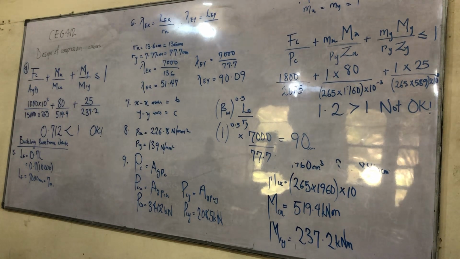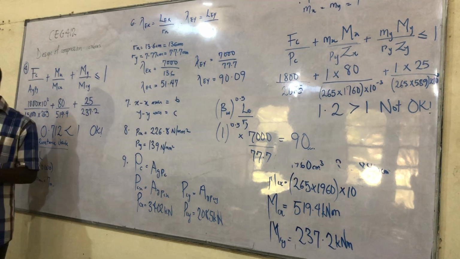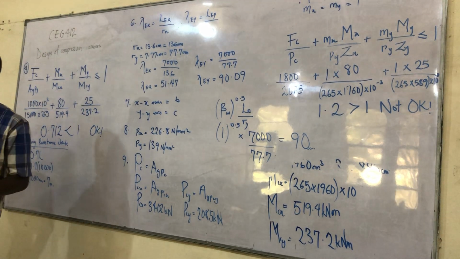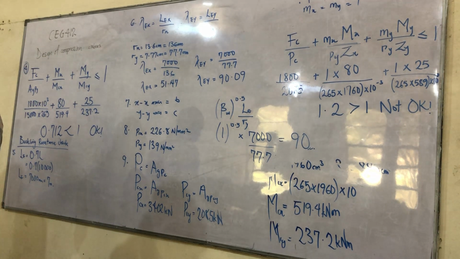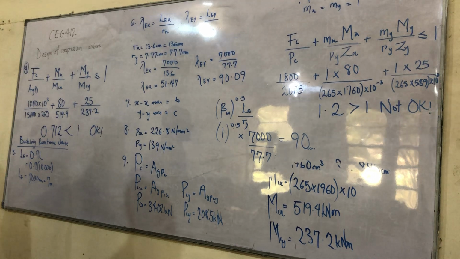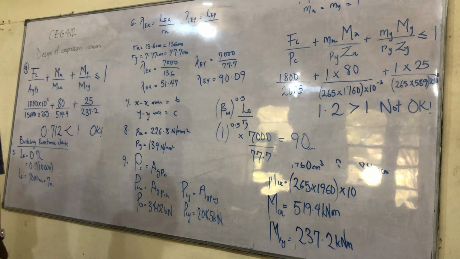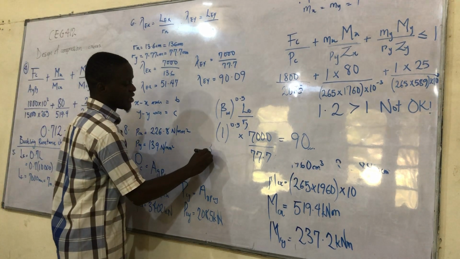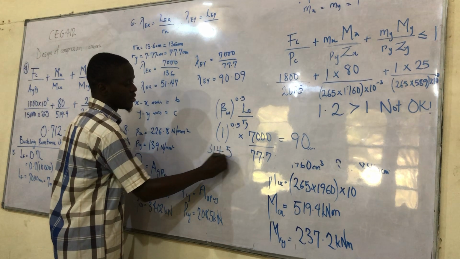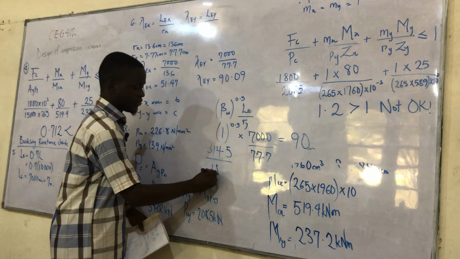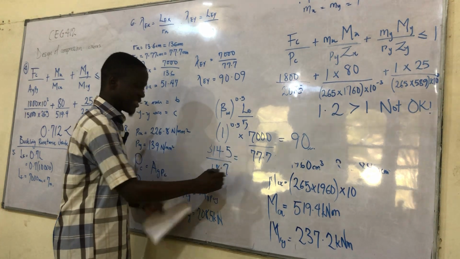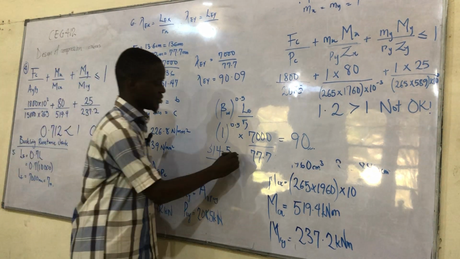Then your capital letter T. What's capital letter D? 314.5. What's capital letter T? 18.7. So what would that give you? 16.8, right?